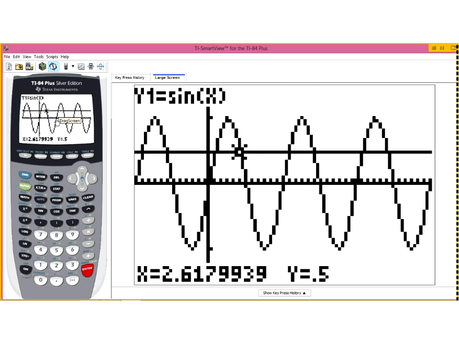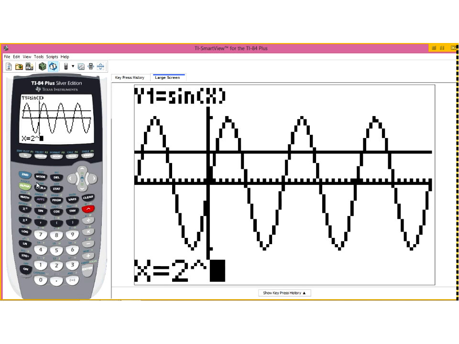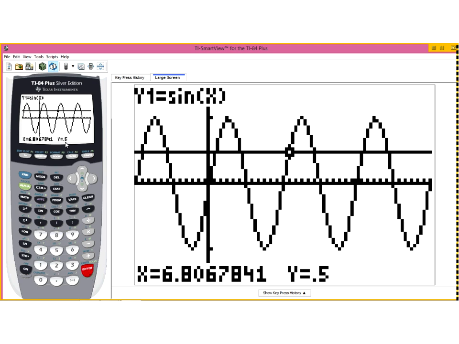Let's see. So there's one cycle, so this must be 2 pi. And this is a little bit more than 2 pi. In fact, it's 2 pi plus pi over 6. So let's put that into our trace. So 2 pi plus pi over 6, and we get exactly 1/2.